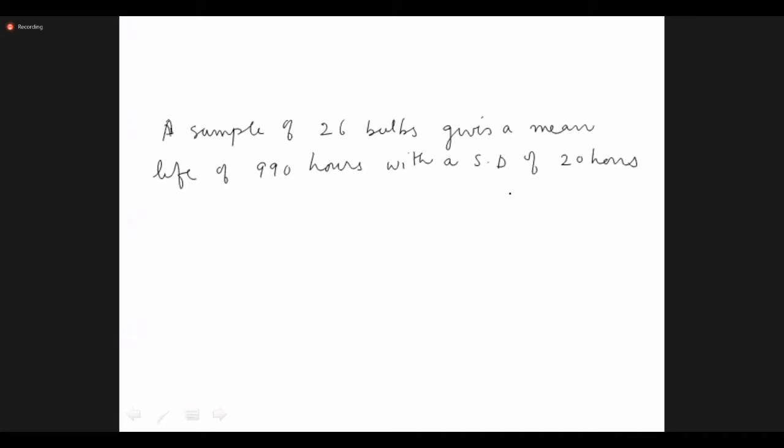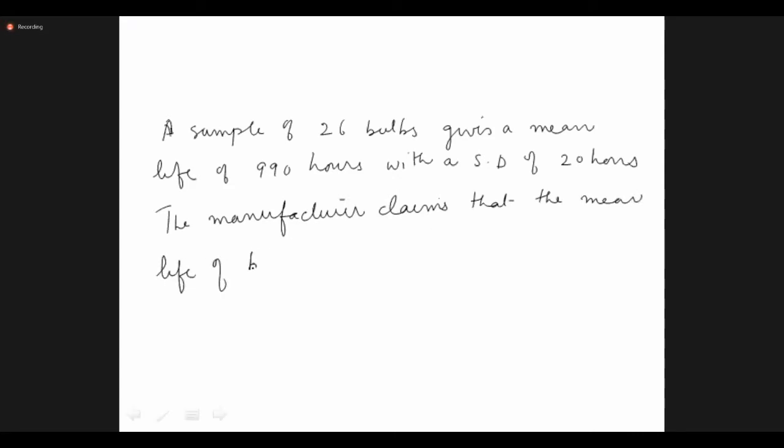The manufacturer claims that the mean life of the bulb is 1000 hours. Is the sample not up to the standard?